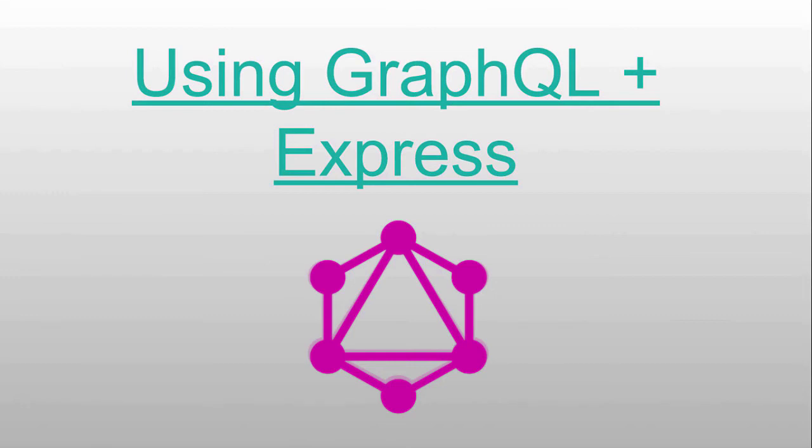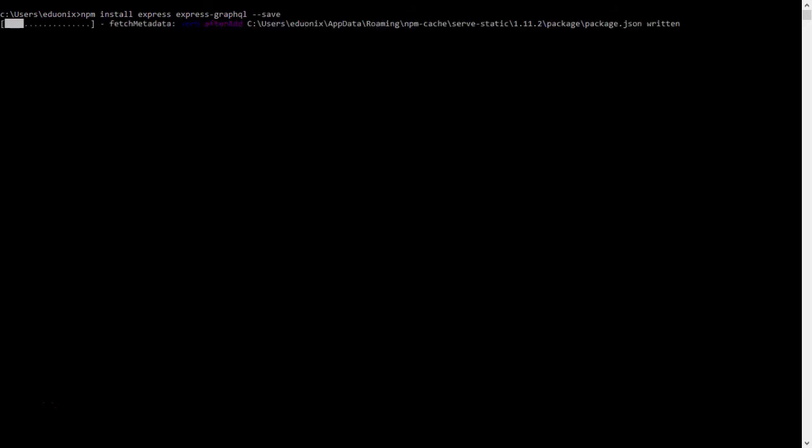Now let us come to the command prompt and see how to install Express and the dependencies. Let us type npm install express and then express-graphql, and then we have to save it. And now we see installation has begun.